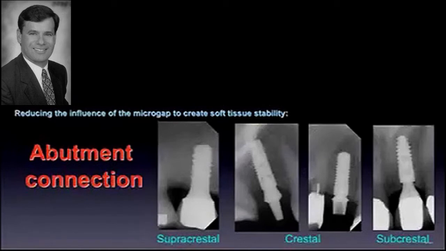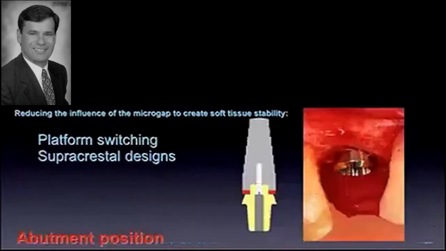So all of it has to do with the connections, where the connection is located, the type of connection, the quality of design, and how it's applied to a bone position. So abutment position, one of the ways to reduce the influence of the microgap is to consider two different ideas. One of them is the platform switching idea, which is sort of what the title of this thing was, because 3i introduced the idea that you would place an abutment that was narrower than the diameter of the implant.